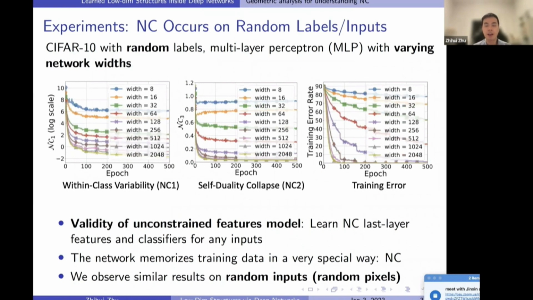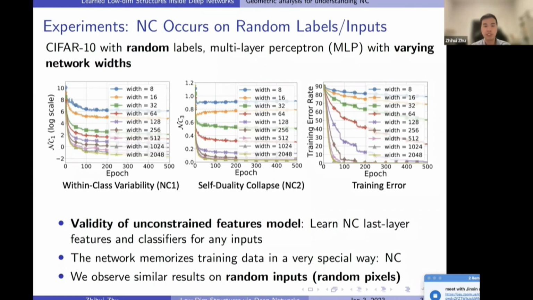Now let's see how this neural collapse depends on the training samples. Here we use the same CIFAR10, but with random labels, which means the labels are totally wrong: we do a random shuffling of all the labels. In the left and middle figures, we plot the learning curves in terms of the within class variabilities and the self-duality collapse.